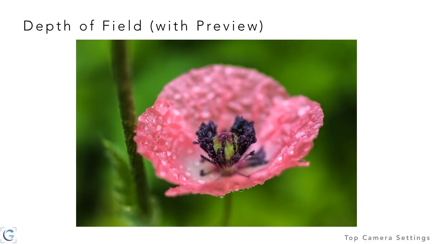Or with macro or close-up photography, I've stopped down all the way down to f/22 and I'm still not getting the depth of field. Why? Because it's macro photography and you just can't get that much depth of field when you're focusing that close to a subject. You'd have to resort to things like focus stacking. And so having a sense of what are those really close distances where I know I'm going to struggle to get a lot of depth of field or enough depth of field?